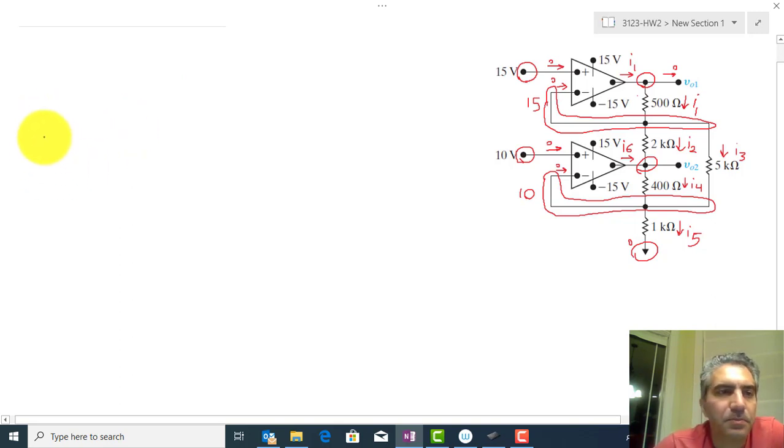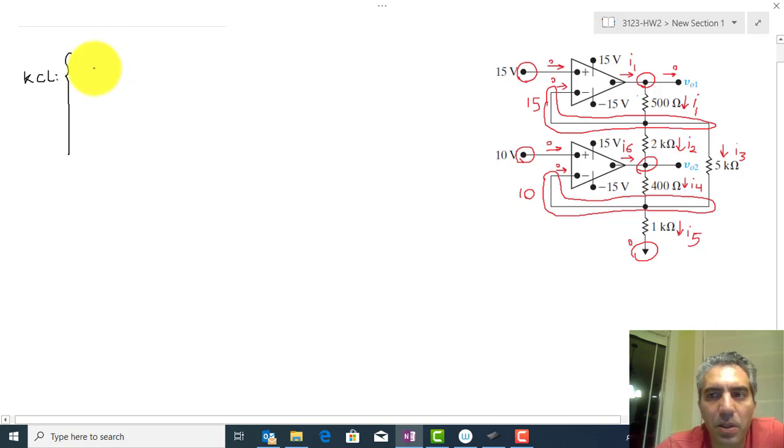So KCL, I start with KCL. There is no KCL to be written for this node, Vout1. We already wrote the KCL. For the 15 volt node, we're going to write the KCL.